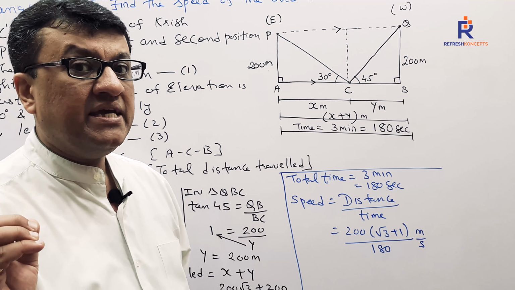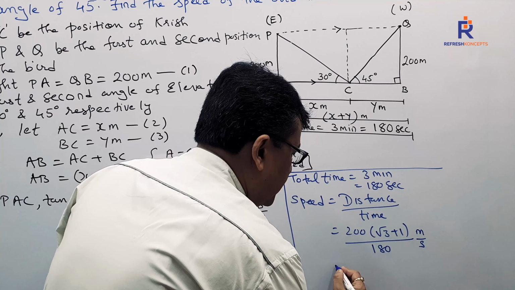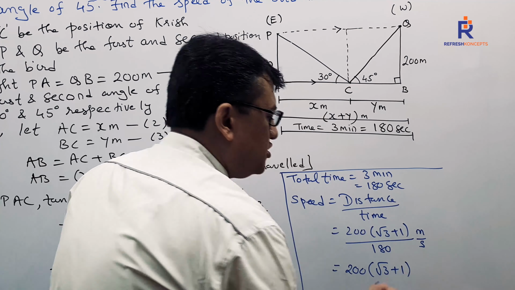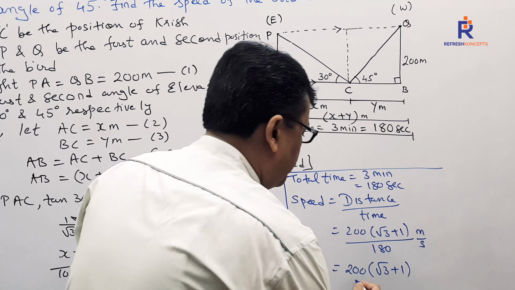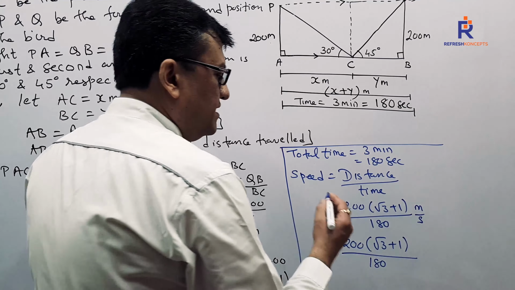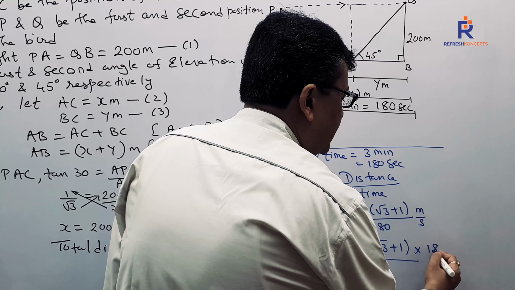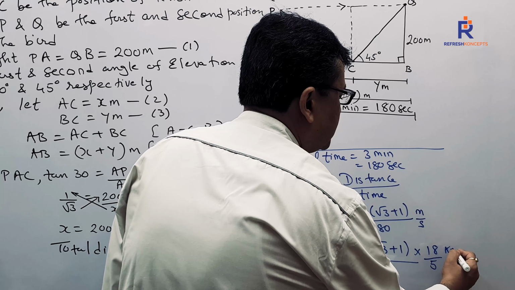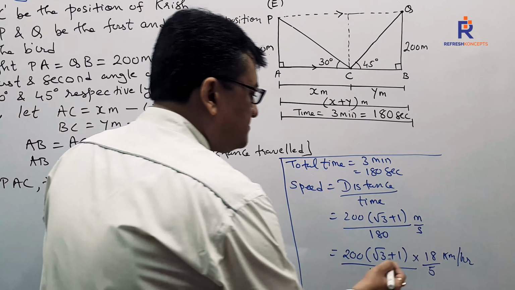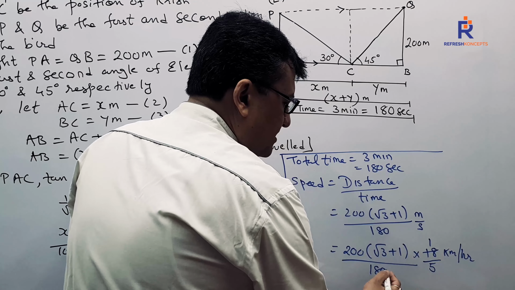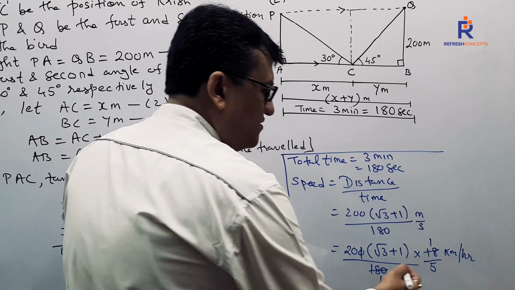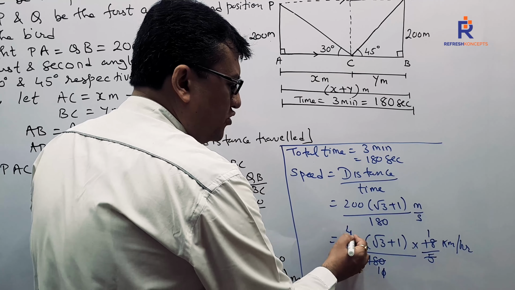With what do we multiply? 18 by 5. So it is 200 into root 3 plus 1 by 180 into 18 by 5 kilometer per hour. 18 tens are 180, the 0 gets cancelled off. 5 ones are 5, 5 fours are 20.